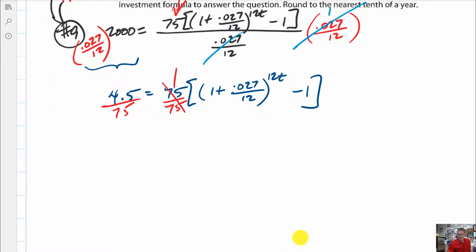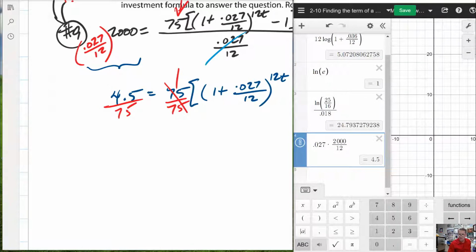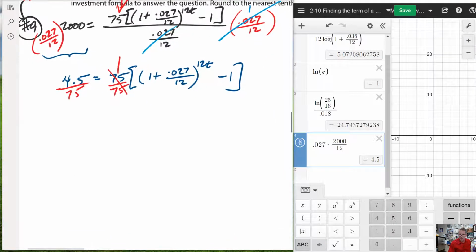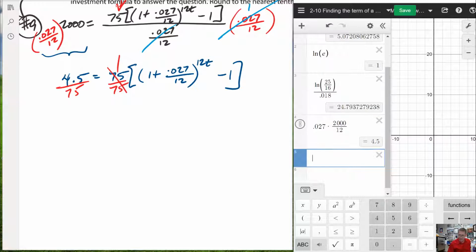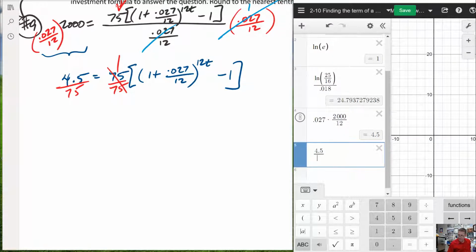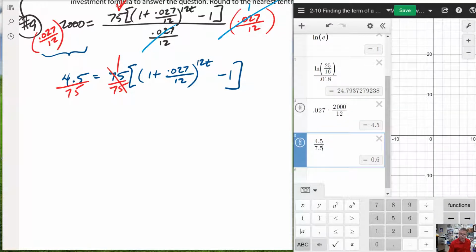All right, 75 divided by 75 is 1. The question is what's the left-hand side? So 4.5 divided by 7.5, that's just 0.6. See, pretty straightforward. So 0.6 is equal to 1 plus 0.027 divided by 12 raised to the 12t power minus 1. At this point, you've got to add 1 to cancel that out.